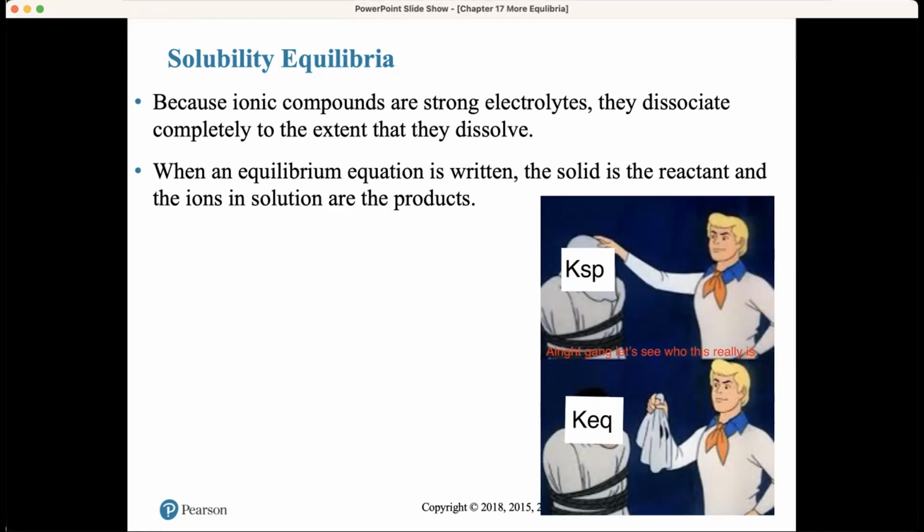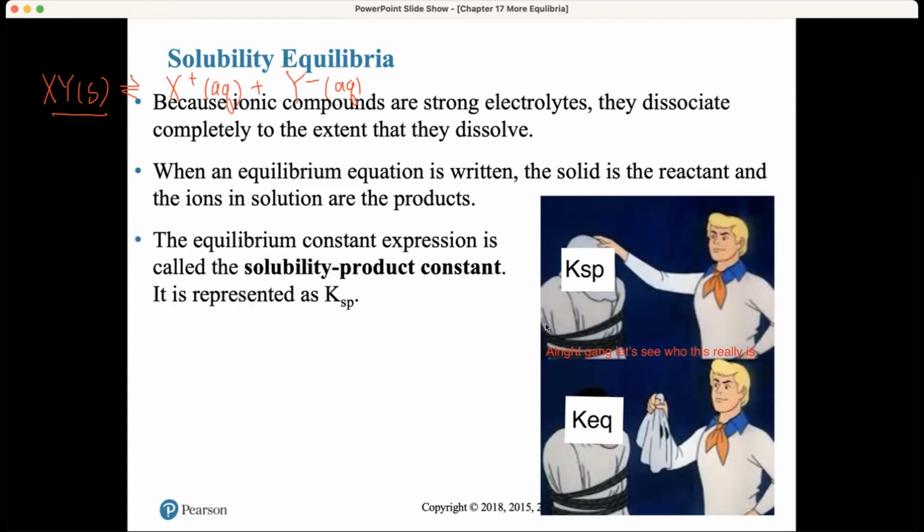So I'd have something that's XY solid going to, well, equilibrium arrows, of course, going into X plus aqueous plus Y minus aqueous. So that's kind of the gist of it. So we always have solid reactants going into ionic products.